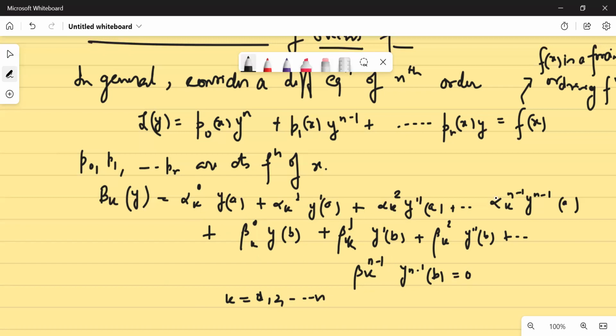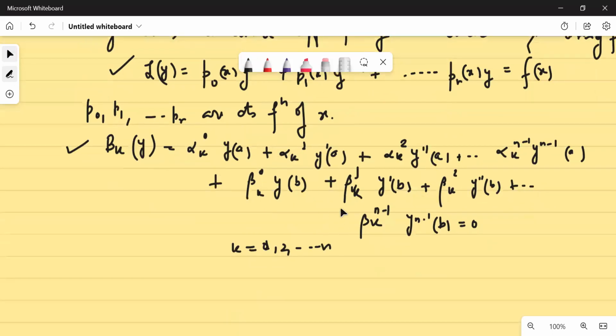These alpha k's can be some real constants. I've generalized them up. So these are your boundary conditions: given your boundary conditions and your differential equation, what all constitutes your Green's function.